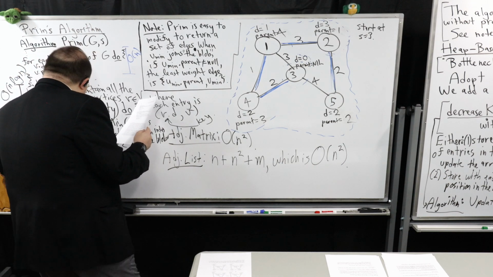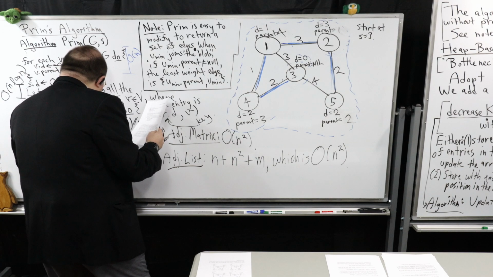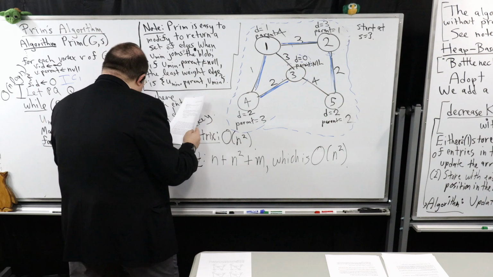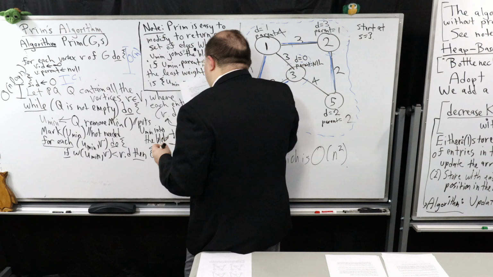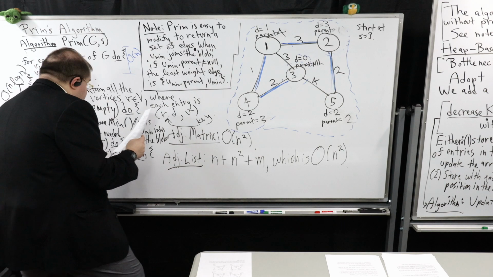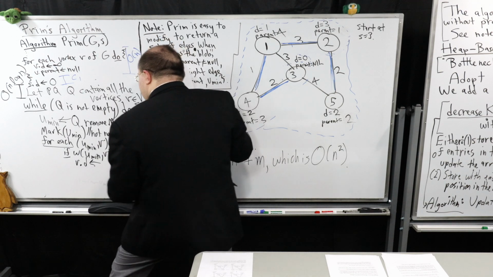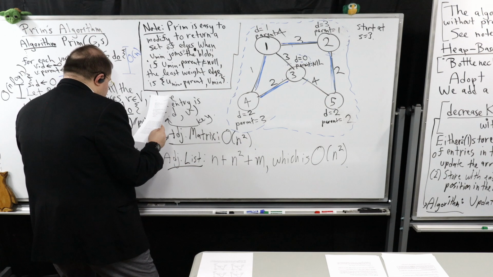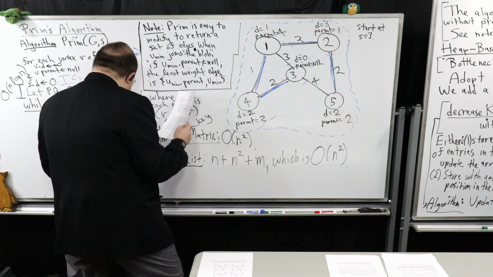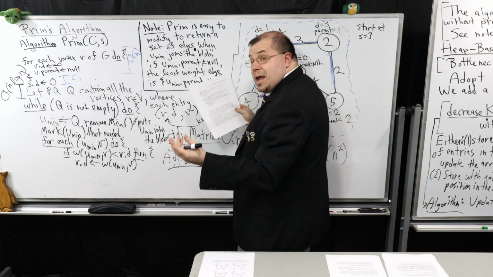If the weight of umin v is less than v dot d, then we update its d value to be the weight of that edge, umin v. And update its parent, right?